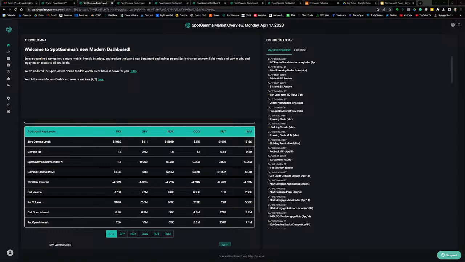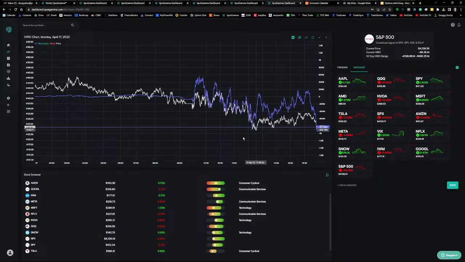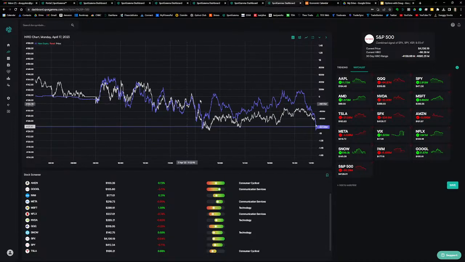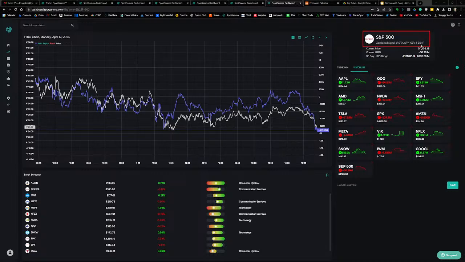All right, let's take a look at some setups now, and I want to talk about the S&P 500 first. This is the S&P 500. It's a combined signal for SPX, SPY, XSP, which is not significant, and also now, new starting last week, ES futures.